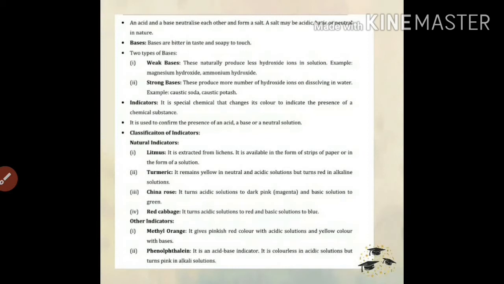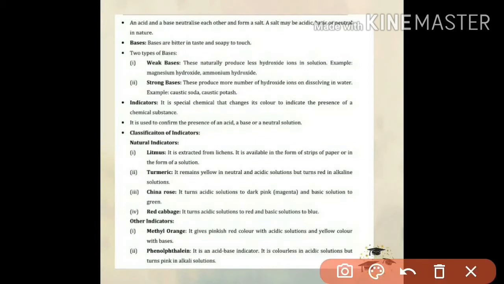It turns acidic solution to red and basic solutions to blue. Other indicators. Methyl orange. It gives pinkish red color with acidic solution and yellow color with bases. Phenolphthalein. It is an acid-base indicator. It is colorless in acidic solution but turns pink in alkali solutions.